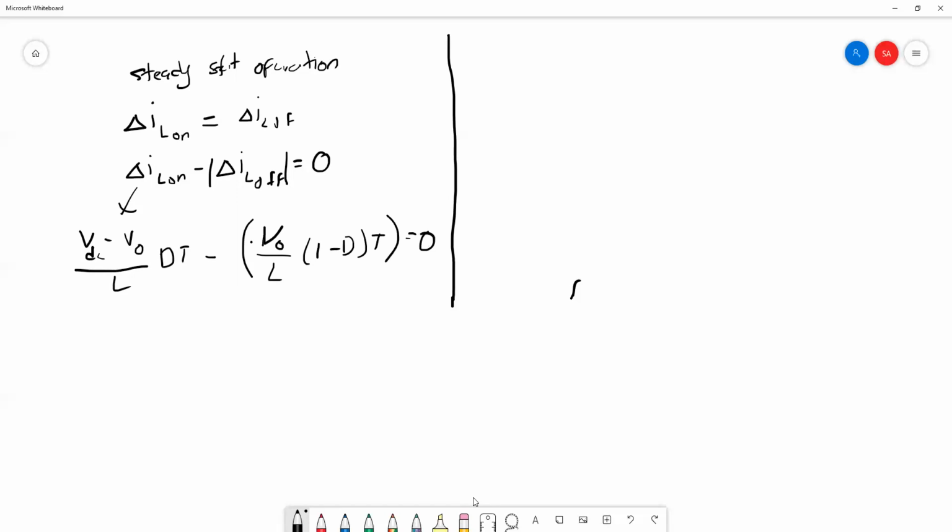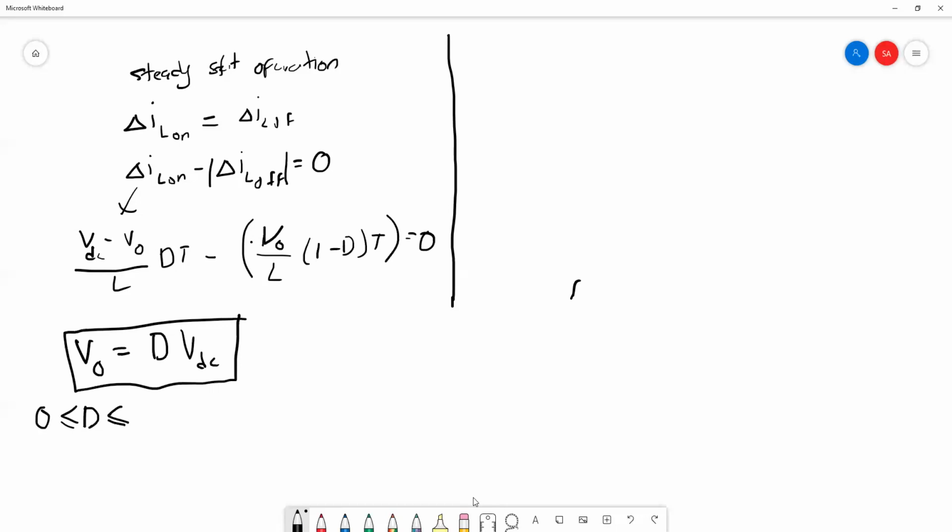After we calculate it, we finally come out with the equation of the relationship between V out and VDC, which is this equation. For the buck converter, D can range from a minimum of 0 to 1.